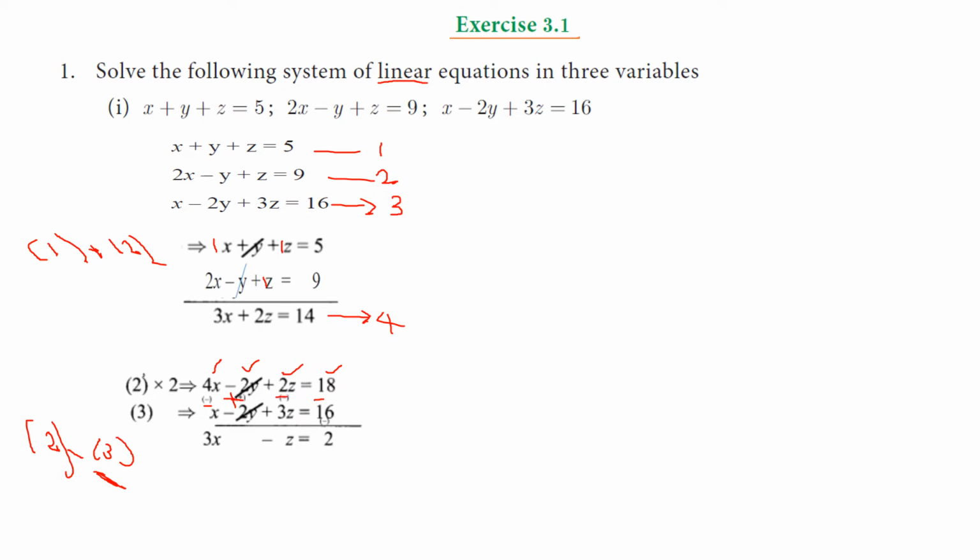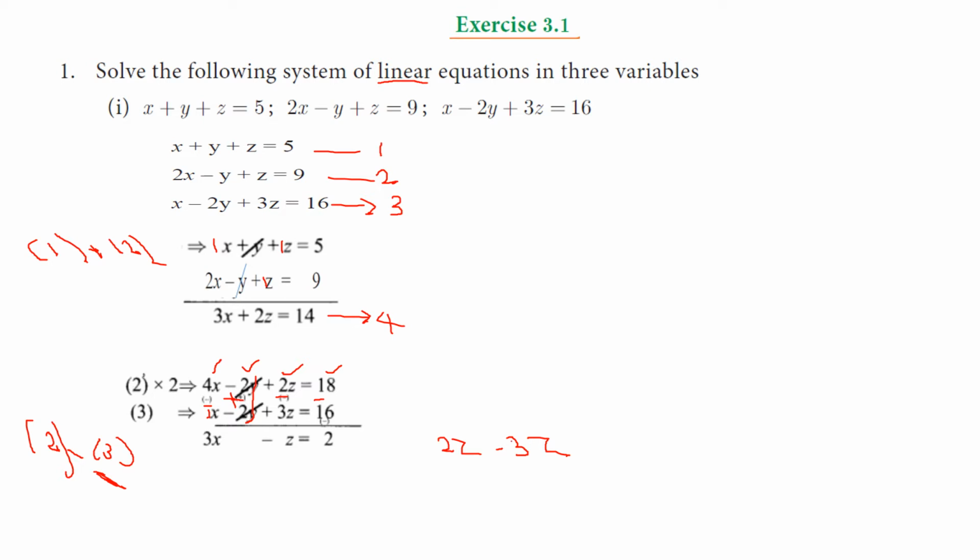So 4x minus x, 1x, 3x. Minus 2y plus 2y, here also unlike signs, same number, so you cancel. Plus 2z minus 3z, that means 2z minus 3z. So here you take the number only, not the integer sign. So 2 minus 3 means you subtract the numbers.